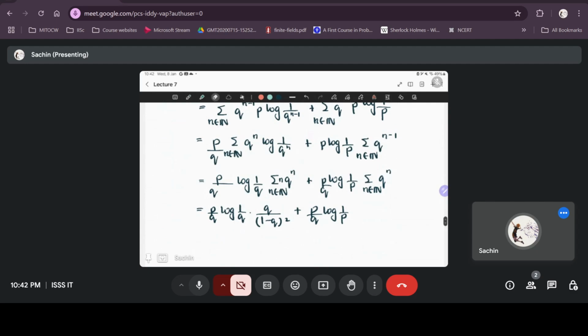So here previously I had taken out this 1 over q outside, but I can actually keep it inside. This is q power n minus 1 over all natural numbers.